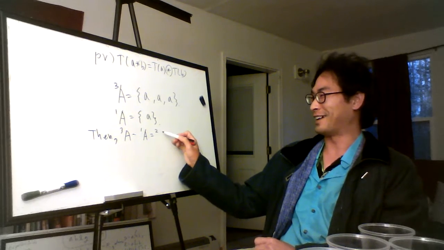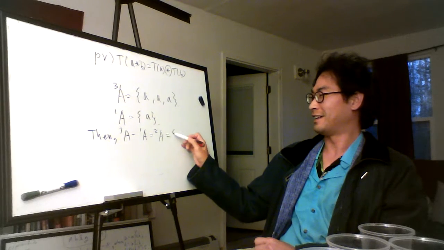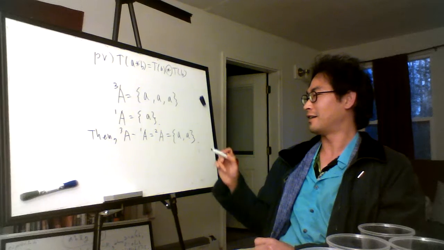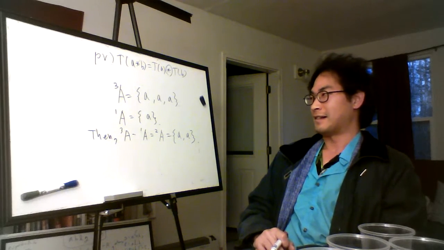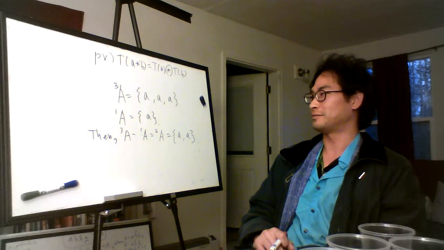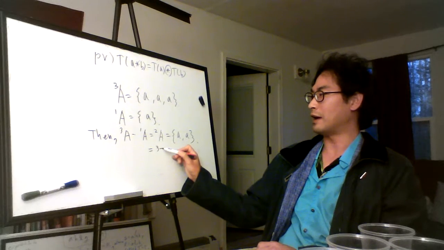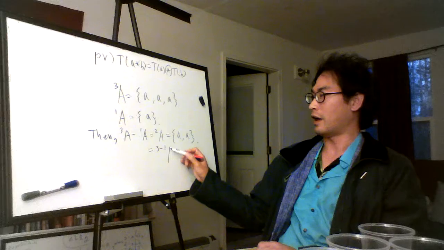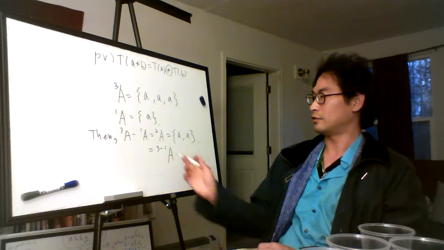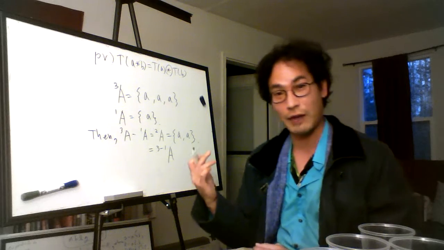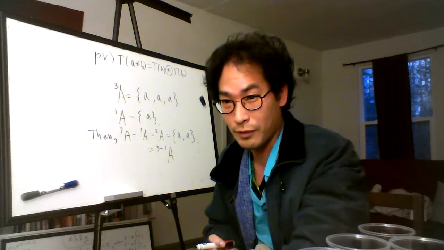It's 2a, which is a, a. Which is equal to 3 minus 1a, 2a.